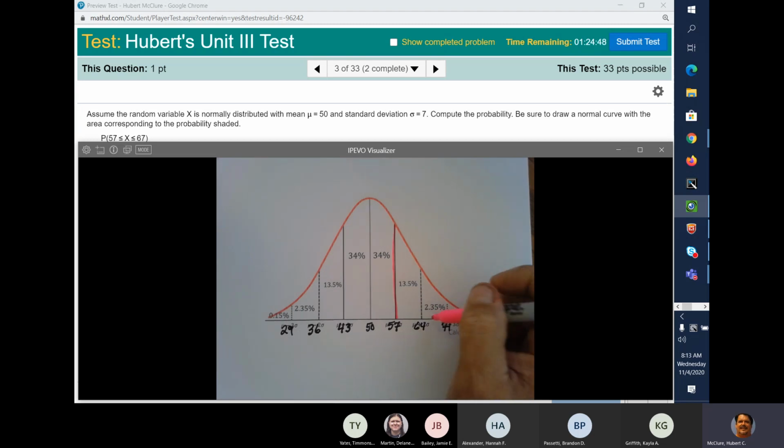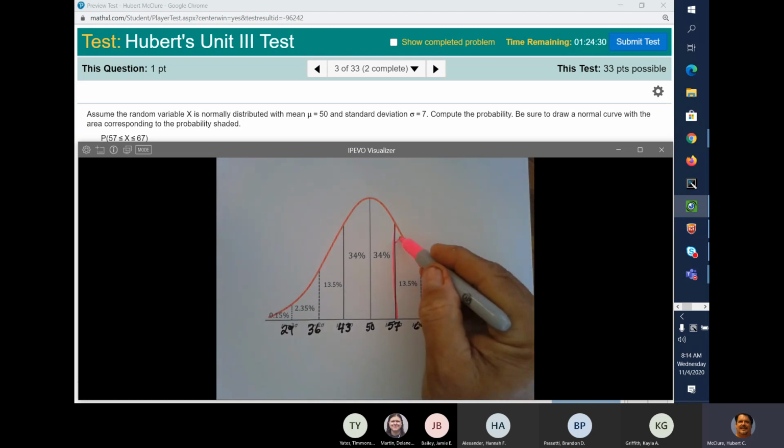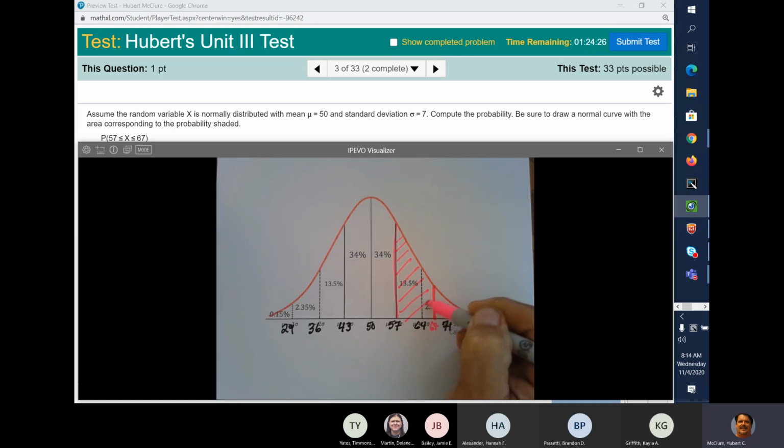So 64 to 71, half of 7 is 3.5, so 67.5 would be right there. So 67 is going to be right here. So they want to know the area between 57 and 67.